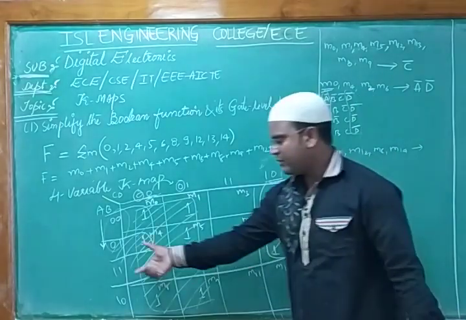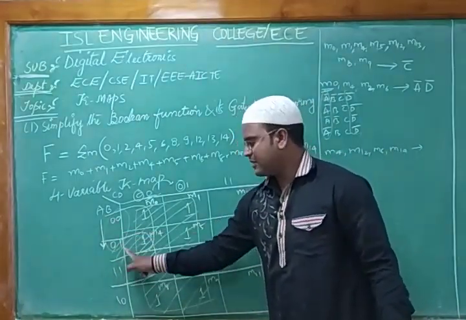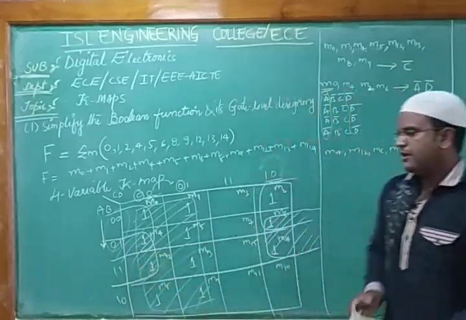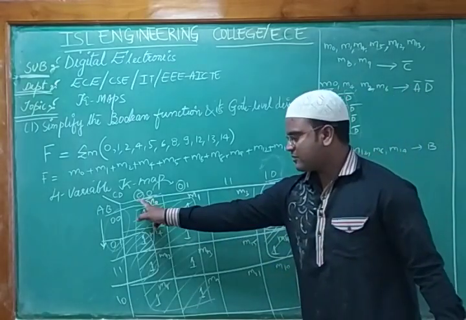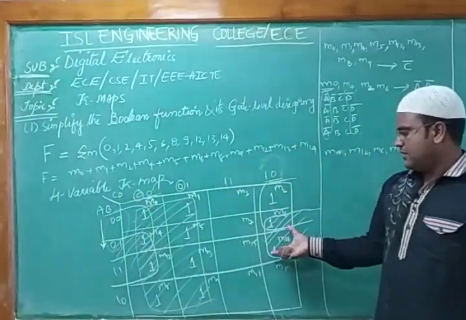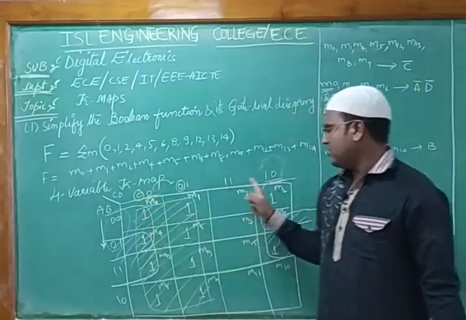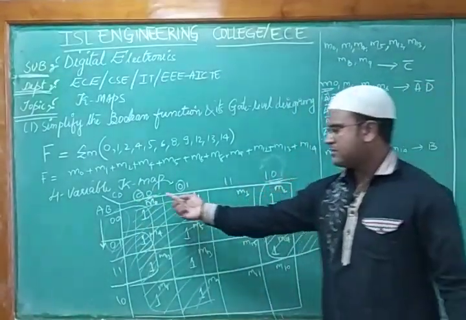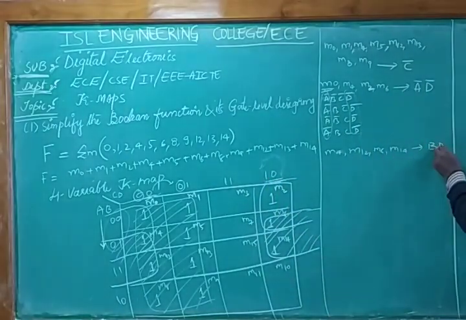Just look at these two rows: 0 1 1 1. That means B represents 1 in this. B is common, so I can write B. Similarly, if you see the columns, this is the first column and last column, with values 0 0 1 0. What is common in this? D is 0 here, D is 0 here. So I can write D bar.